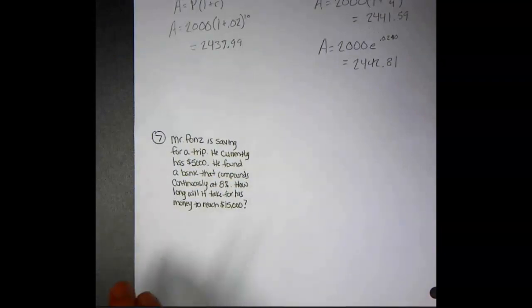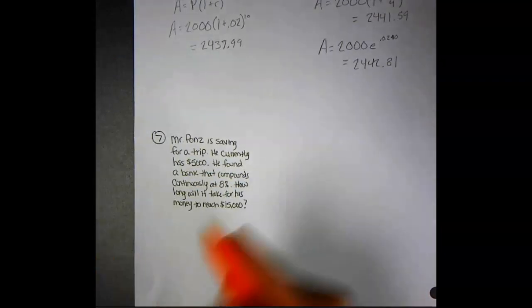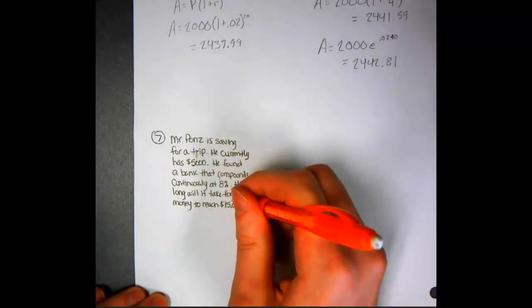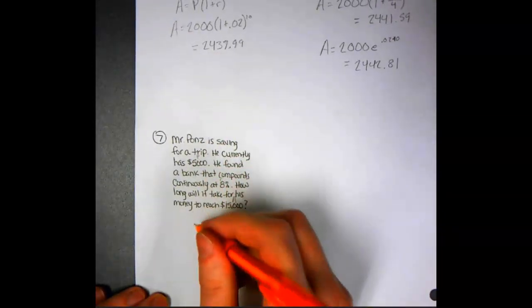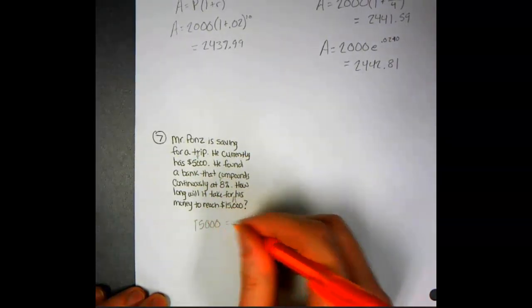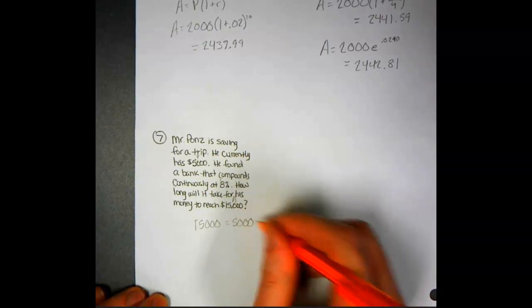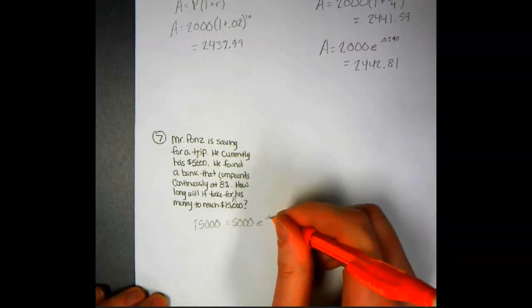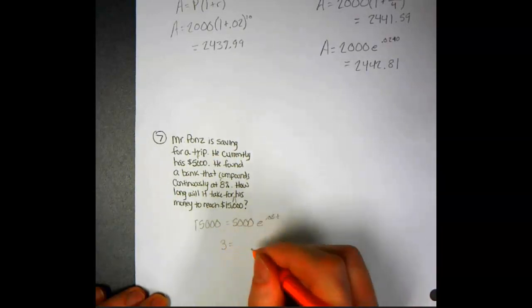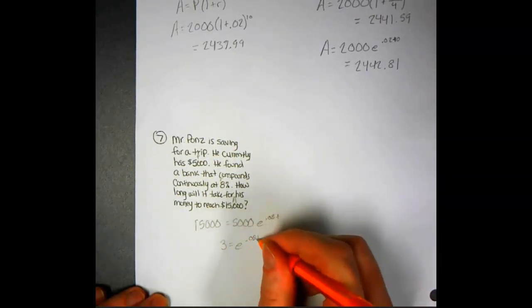For this last problem, this time we have the P, we have the r, and we have an A. And we need to find t. So we'll have 15,000 equals 5,000 e to the 0.08t. When we divide by 5,000, we have 3 equals e to the 0.08t.